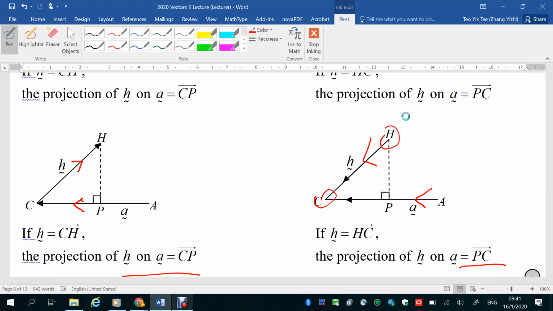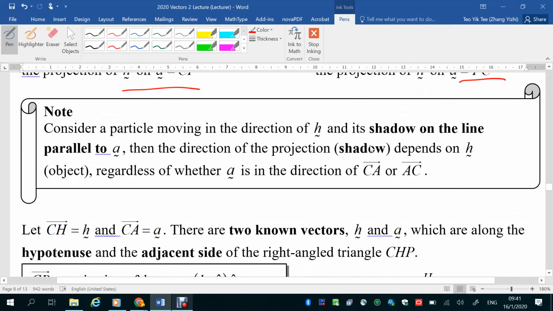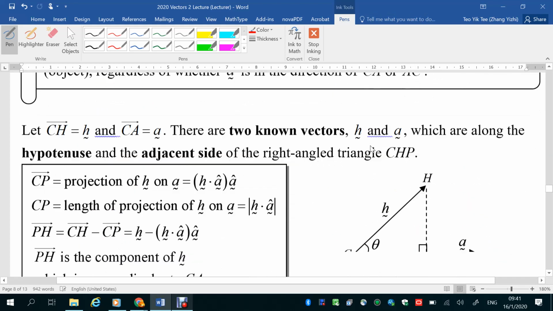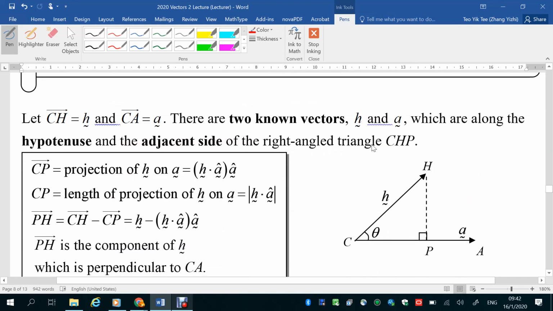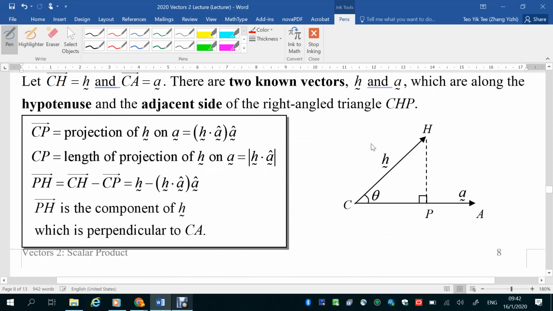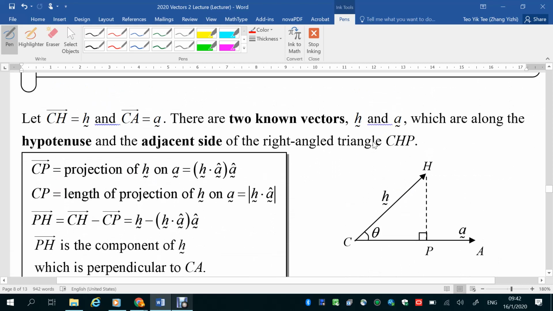Okay, so I have gone through with you how to look at projection pictorially. Now I want to go through how to activate the formula for your projection. The formula that you must know is these two formulas. Can you please highlight?